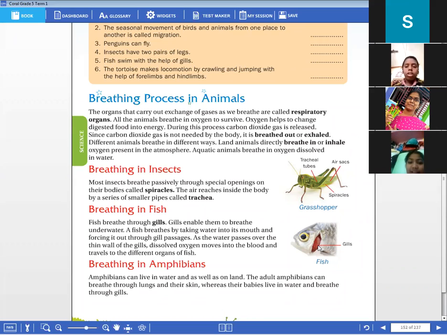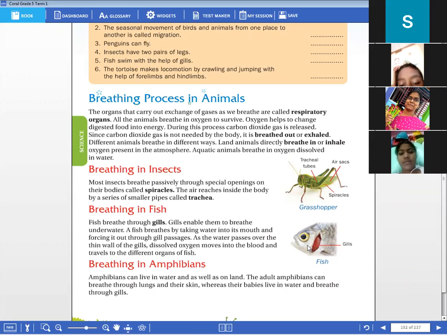See, children, how it respires: it will take all the water inside its mouth. Actually, everything is surrounded by water for a fish, isn't it? It takes the entire water into its mouth and forcefully pushes the water outside through the gills. These gills help the fish to push the water outside.